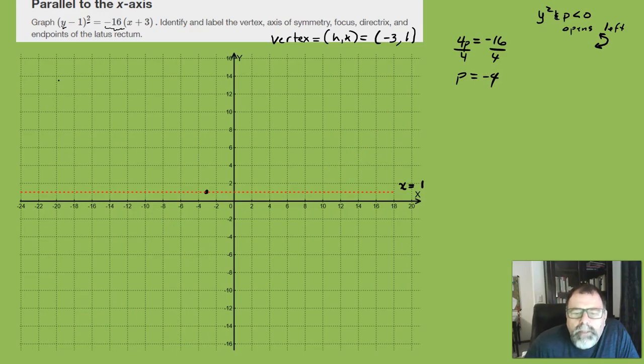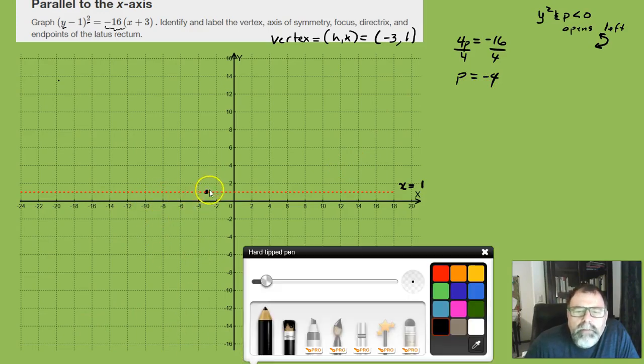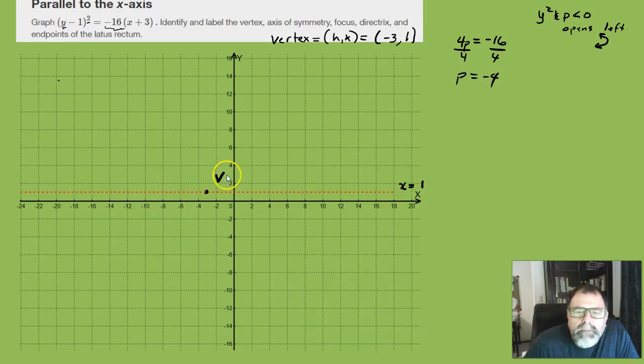So from the vertex, so the vertex is negative 3, 1. And then from here, p is negative 4. We established it's opening left. So 1, 2, 3, 4. So that's my focus, which is -7, 1.